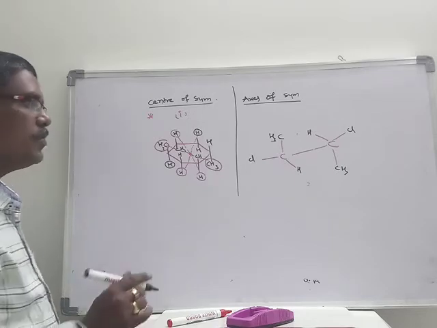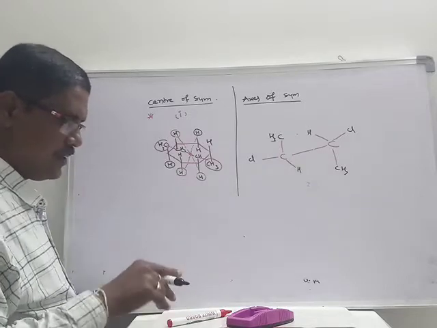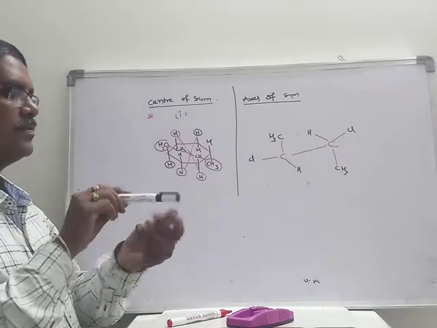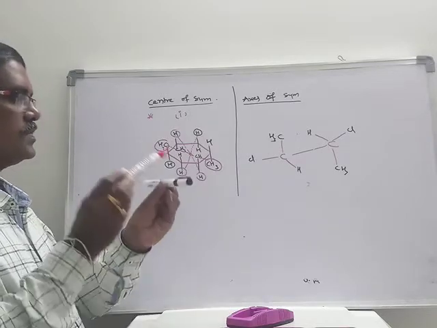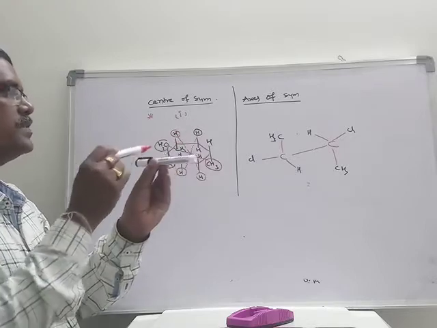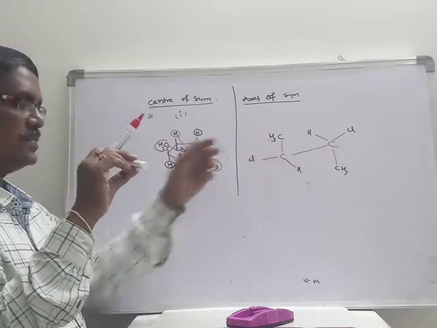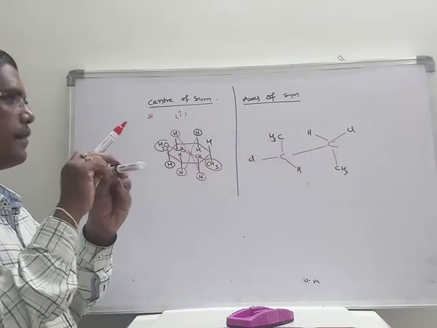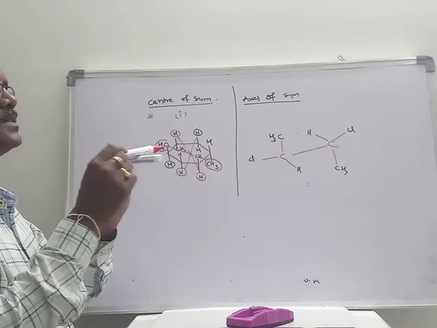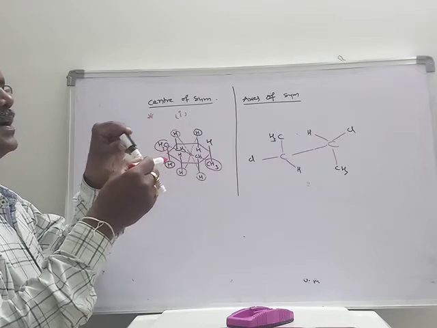When this molecule is rotated with this axis, I am just showing the axis. This upside is the CH3, and this upside is the CH3. Now I am taking an imaginary axis, and the molecule is rotated by some angle.